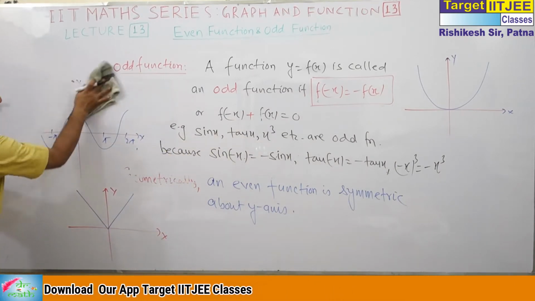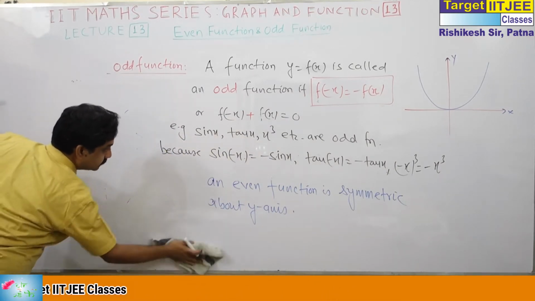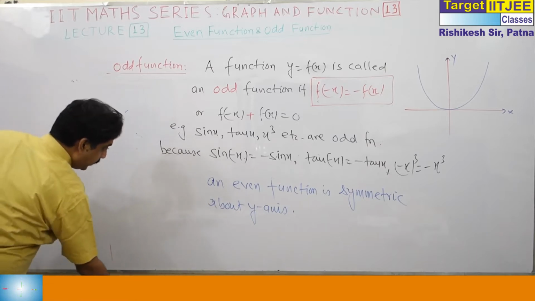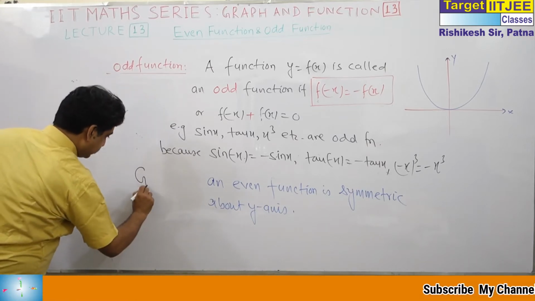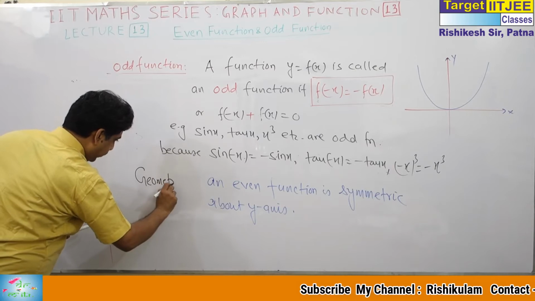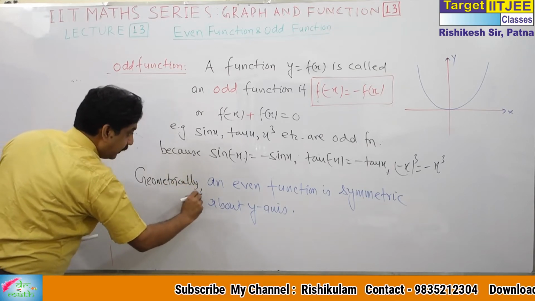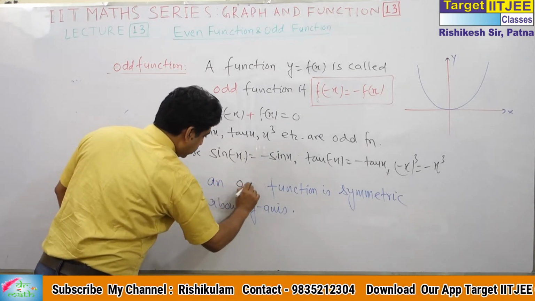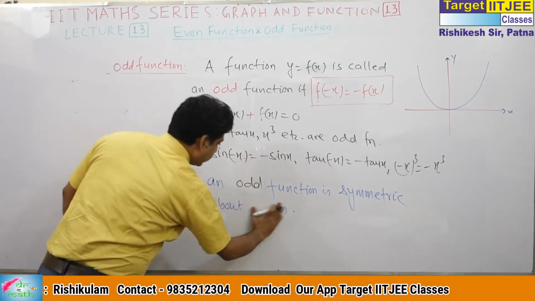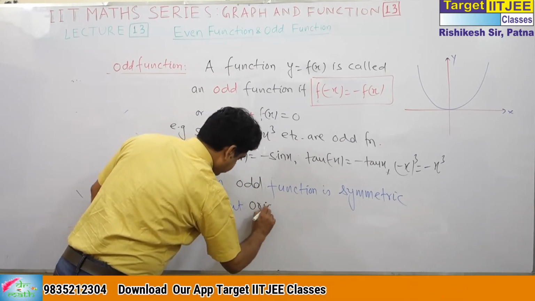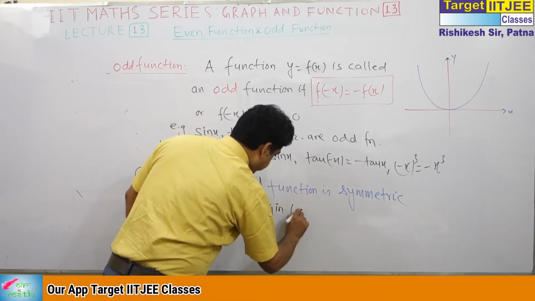Geometrically, let me draw this graph also. An even function is symmetric about the y-axis, and this time an odd function is symmetric about the origin, about a point.